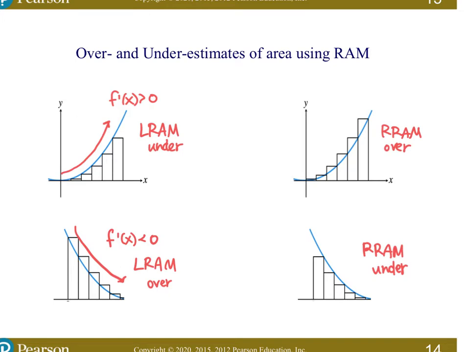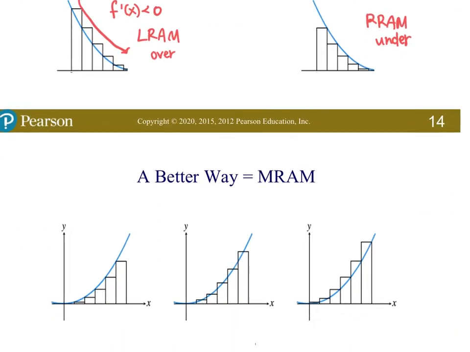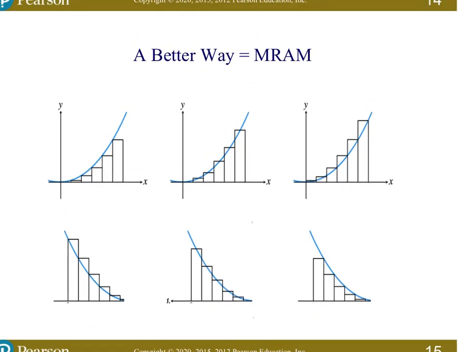So we talked about how getting more accuracy, one way would be to add more rectangles. But another way to get more accuracy is to shift your rectangle to be more of a mid rectangle. So not the left corner being on the curve and not the right corner being on the curve, but having the curve go right through the center of that rectangle.